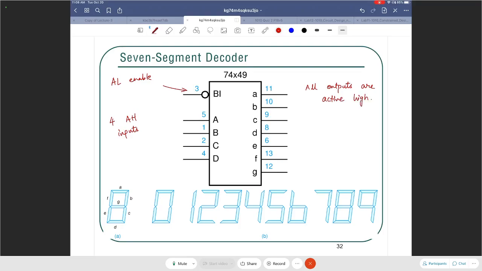This is a standard chip. A is your most significant and D is your least significant.